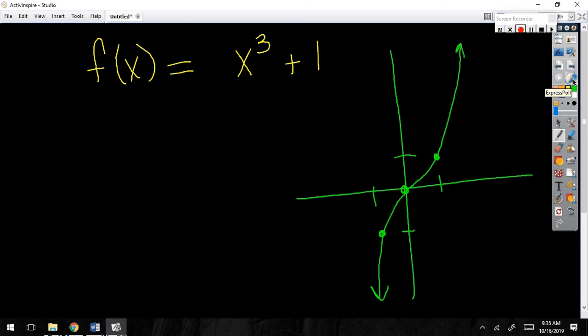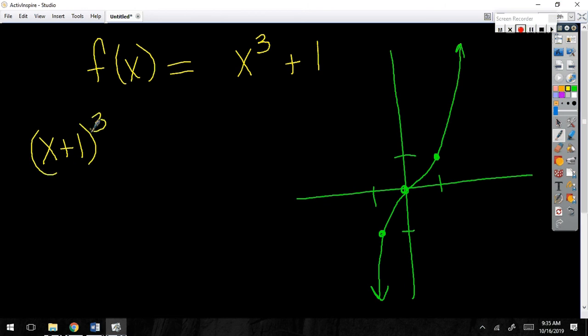I hear to the left. Does anybody agree, disagree? What did you say, Jackson? I think it's going up too. Why do you think it's going up and not left? The +1 is tacked onto the end of the equation, okay? If I wanted to move this left one, I would have to write it this way.